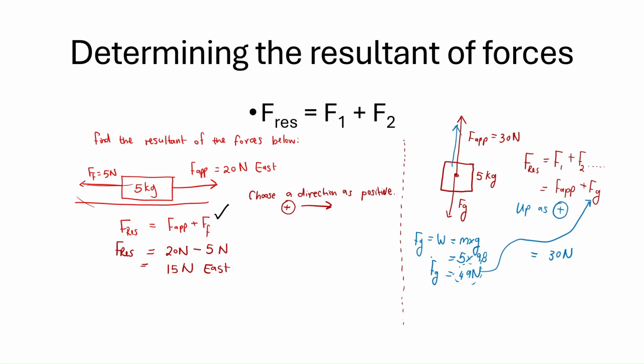In this case the force of gravity is 49. We are going to substitute it into our equation as negative 49 newtons, and then the F resultant is going to equal negative 19 newtons. We can rewrite as the F resultant is equal to 19 newtons downwards.